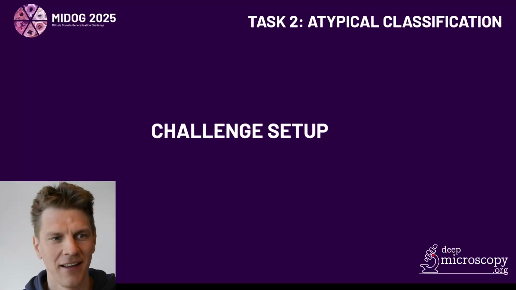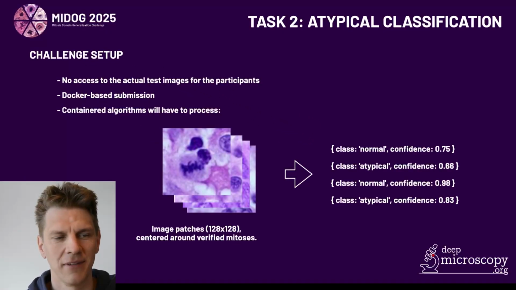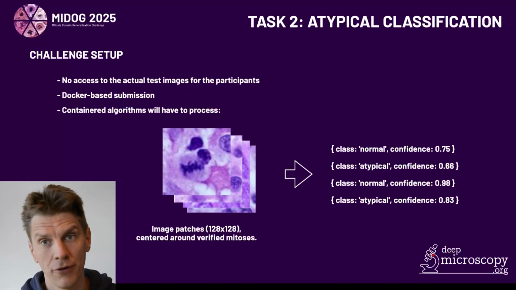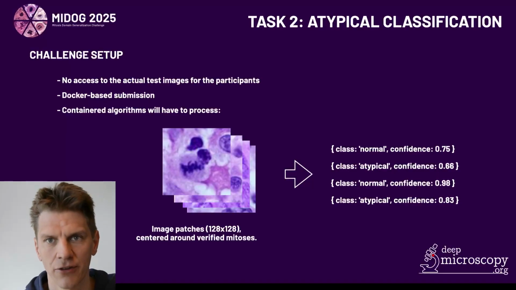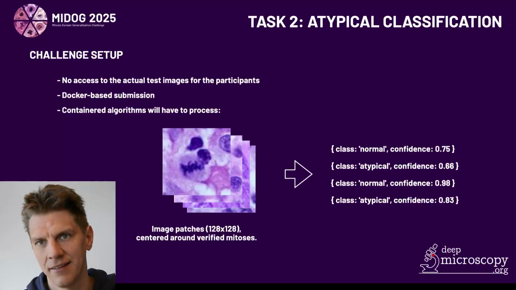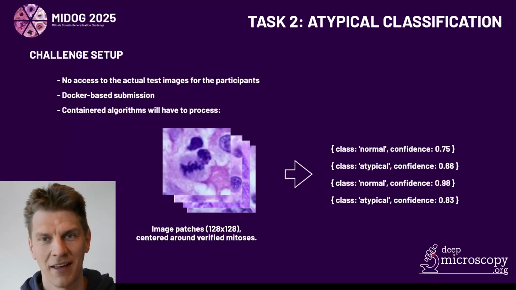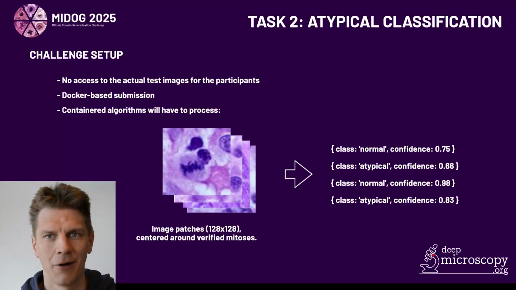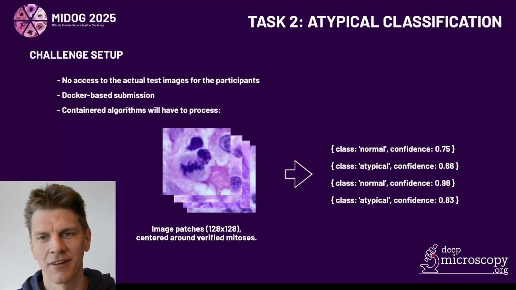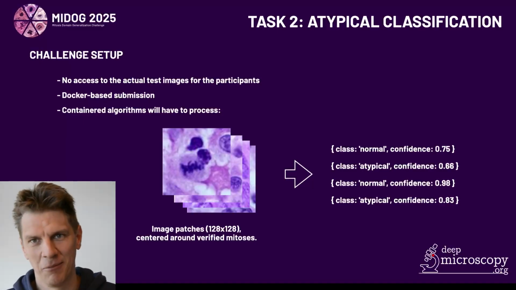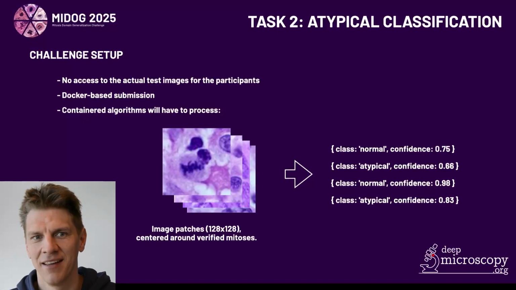So let's start, and I want to reveal some details. First of all, what is important to know is that, opposite to many other challenges, we do not reveal any test images. We don't want participants to have access to the test images as it would allow overfitting to those test images, because this challenge is also strongly about robustness, and we don't want that to happen.